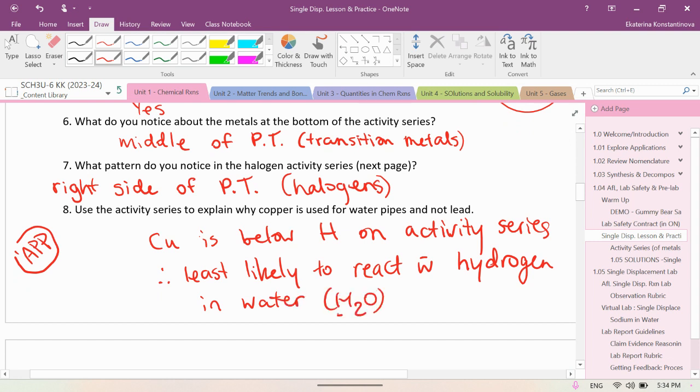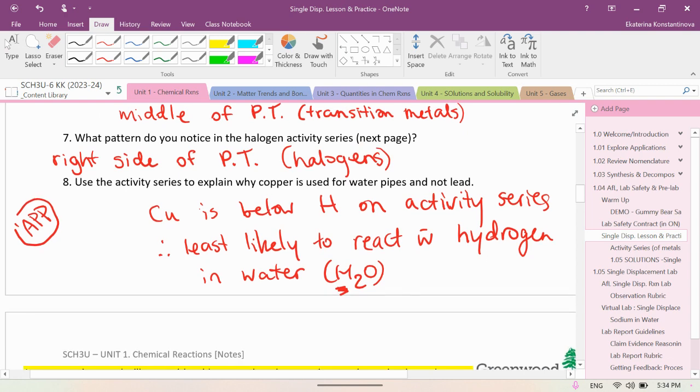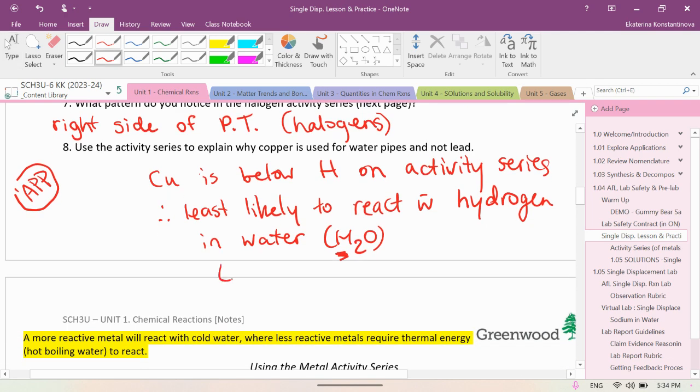That's where the hydrogen comes from. Whereas lead would react. Lead would displace hydrogen, and we don't want that.